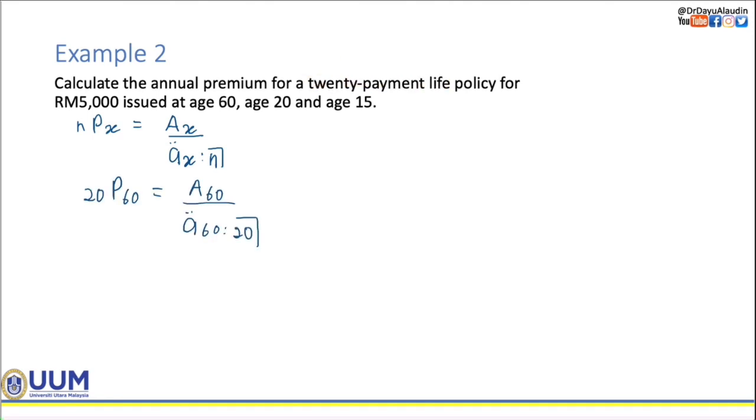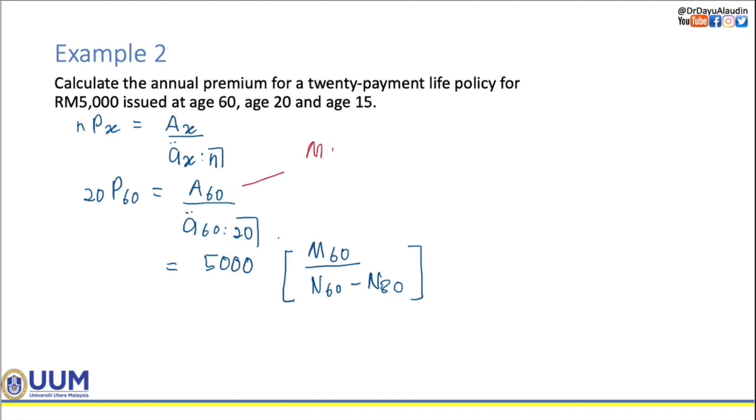Then 20P60. Now we first find for age 60. So the x is equal to 60. And now we convert it in terms of commutation function. So as I mentioned before, this is M60 over D60.